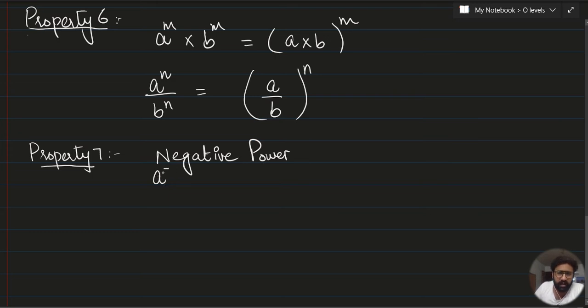For example, if it's a power minus n, so the power over here is negative, so you can make the power positive by reciprocating this number. Reciprocating means bringing it from top to bottom. So it is going to become 1 over a power n. Just look over here that I have only moved the number which has the negative power. I am not going to move any of the other numbers.